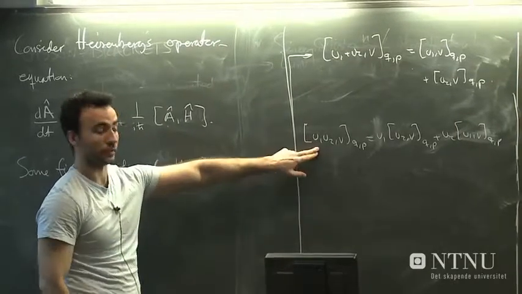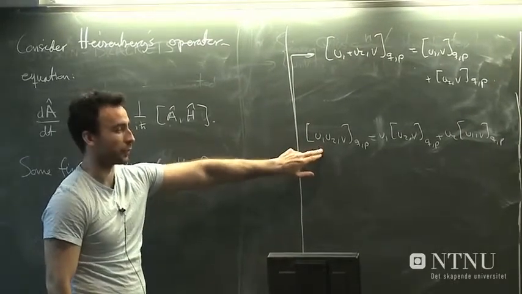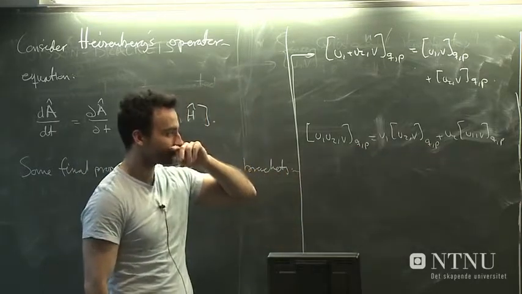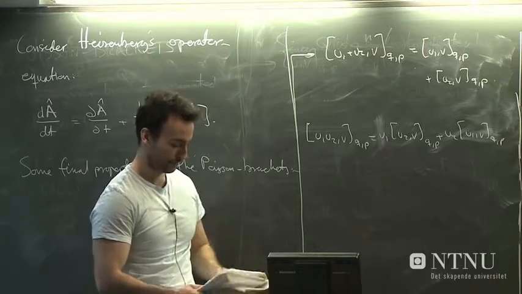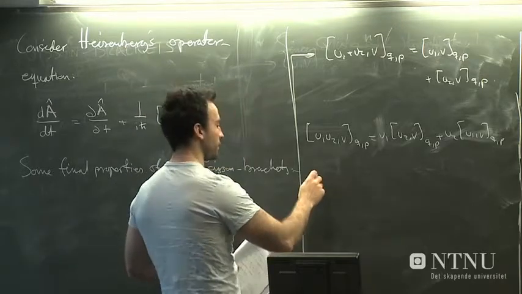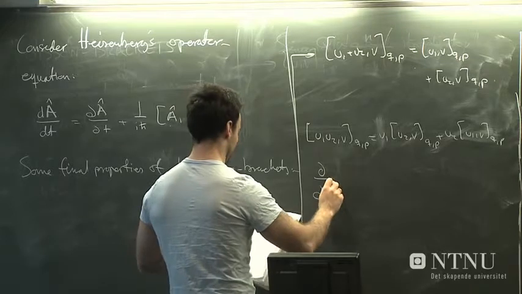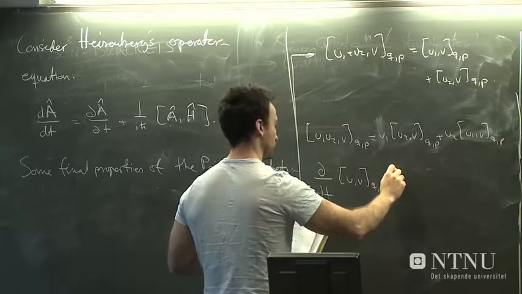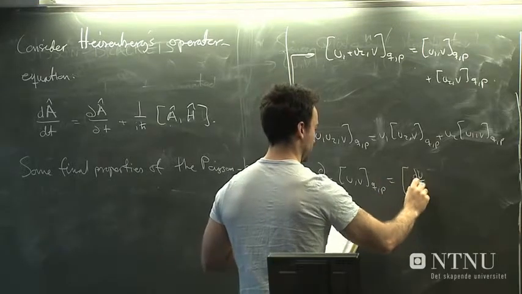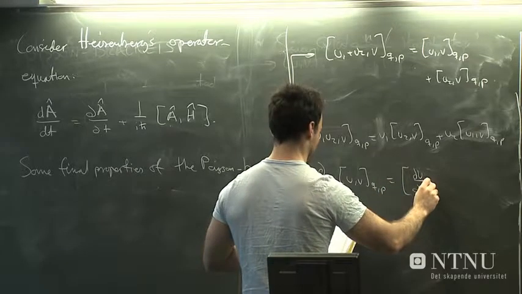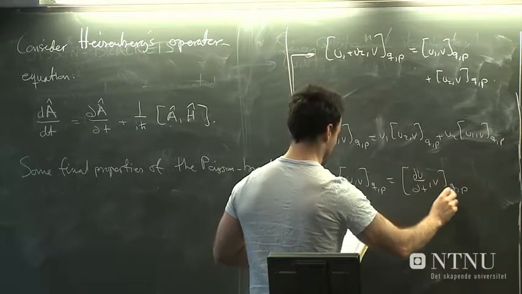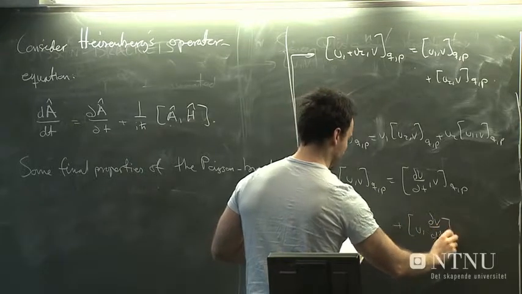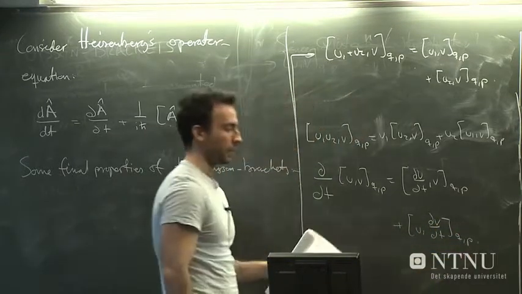And if you have a product in place of one of the functions, you can also split it up into two different Poisson brackets in the following way. And finally, we have this property.